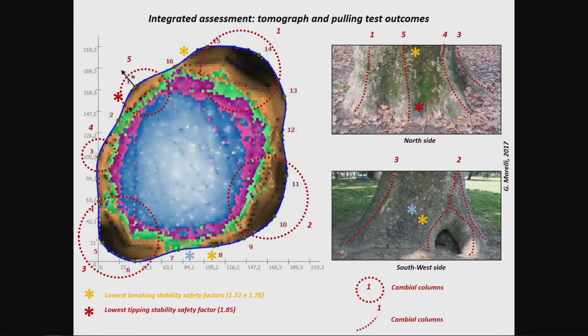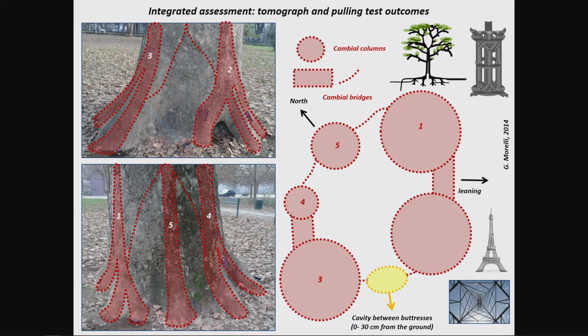If we draw them better on the photograph, we see them clearly with cambial bridges connecting them, and on a cross-section, we can say that these are very much like this. So, in my opinion, they are very much like an Eiffel Tower shape.